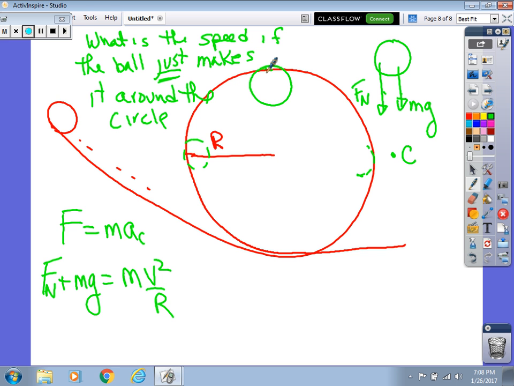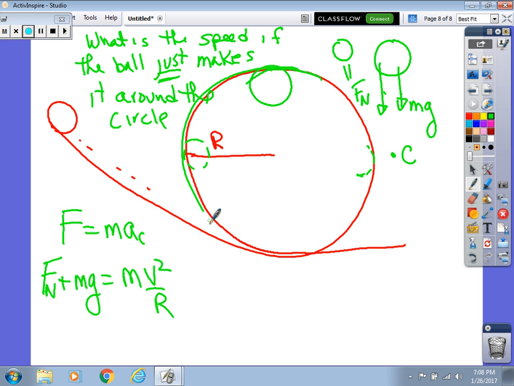What happens at that point is that the track no longer pushes. In other words, it just starts to leave the track. I'm going to exaggerate what happens here. It just makes it over and starts to fall. That's if it's traveling too slow. If it just makes it around, as it starts to fall, it's moved around the circle a little bit more, and the track holds it in and keeps it moving around.